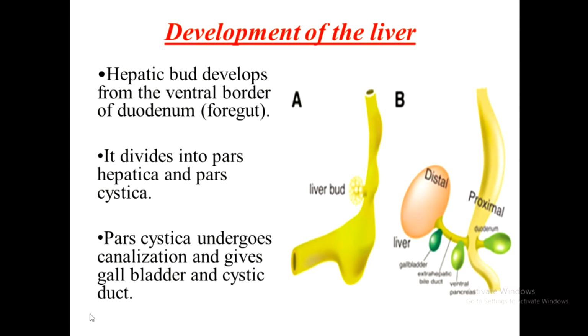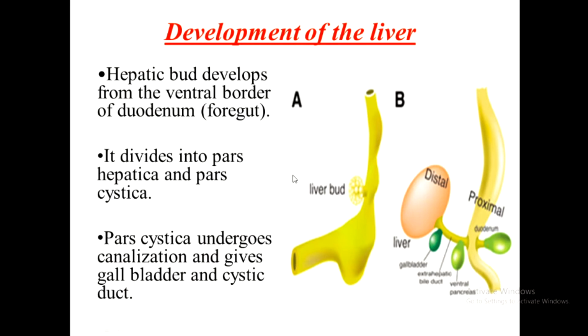So the development of the liver, we said, relates to the development of the other parts of the digestive system. The hepatic bud means that the cells of the liver develop from the ventral border of the jejunum, which we said forms from the foregut. It divides into two parts, pars hepatica and pars cystica.